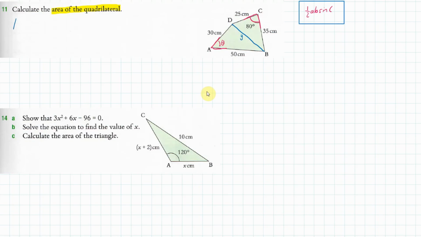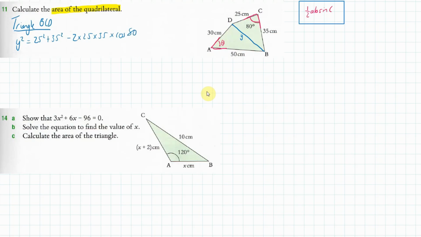So let's look at triangle CBD or BCD. Y squared equals 25 squared plus 35 squared minus 2 times 25 times 35 times cosine 80.